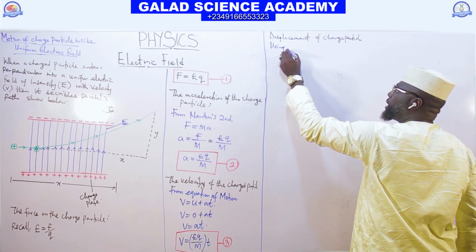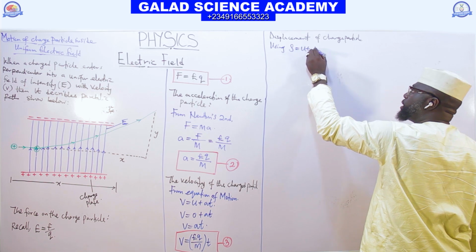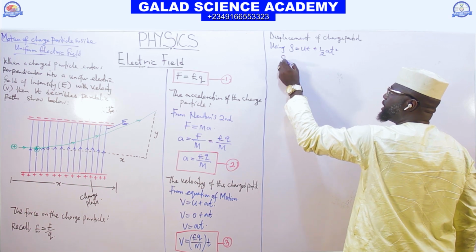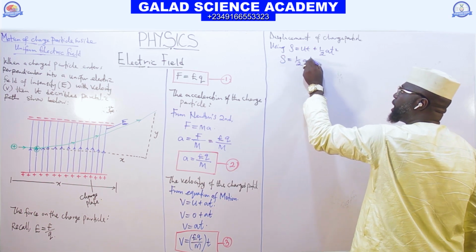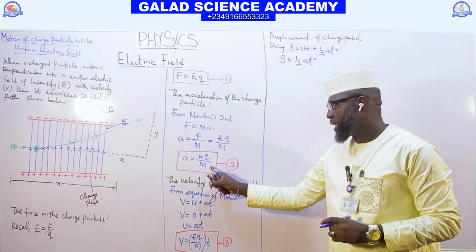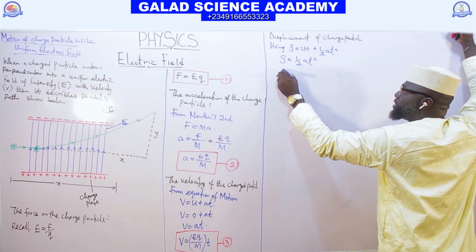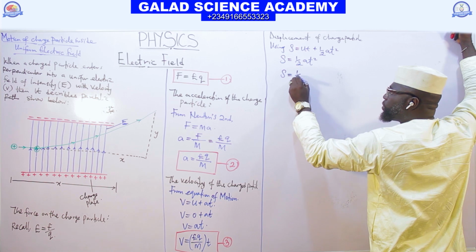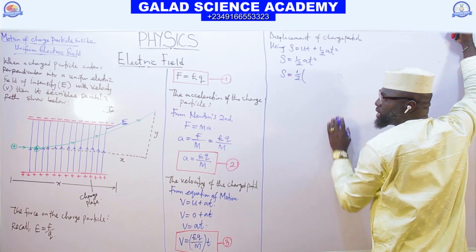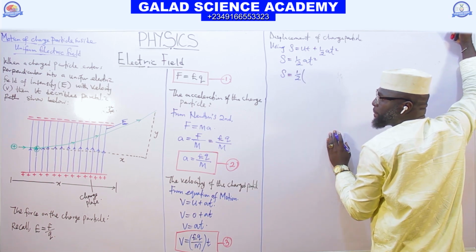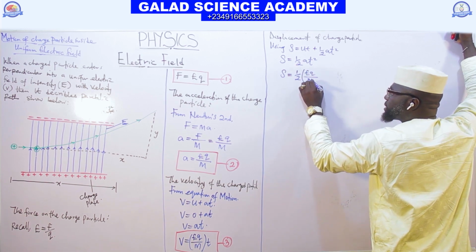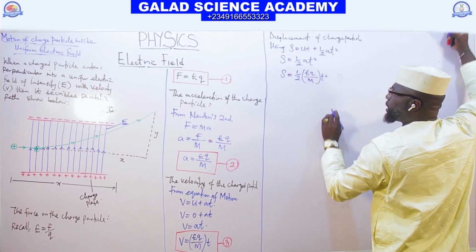Using x equal to Ut plus half of at squared, we can reduce this equation to half of at squared, where U here is 0. So what is the value of A? Substitute it here. You have displacement x is half of EQ over mass, everything into t squared.